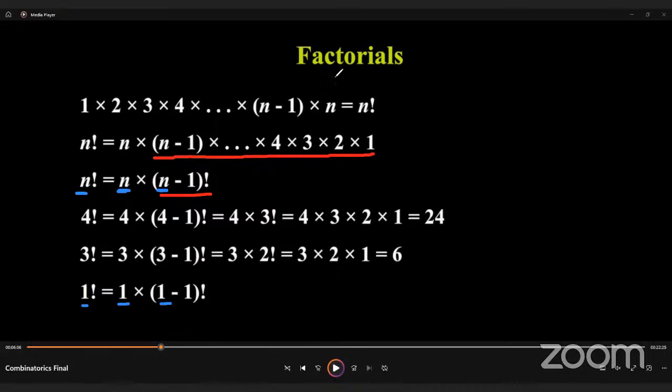Now this is 0 factorial, because 1 minus 1 is 0, and that is 1 times 0 factorial.